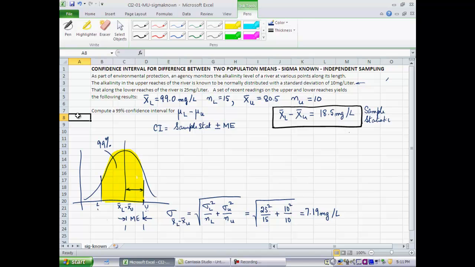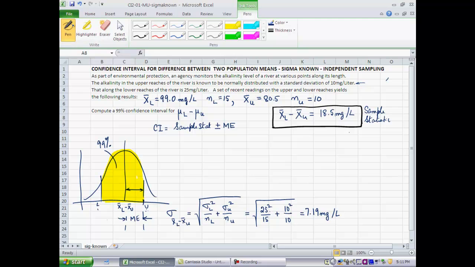As part of environmental protection, an agency monitors the alkalinity level of a river at various points. The two populations that are of interest here: one is the upper reaches of the river and the second population is the lower reaches of the river. The narrative tells us that the two population standard deviations are known.